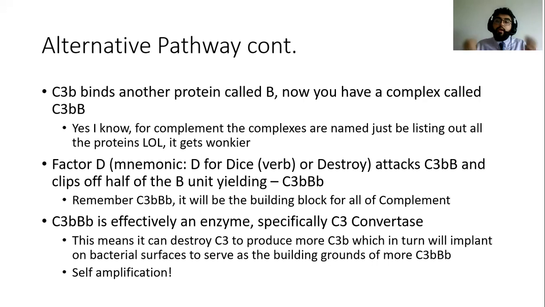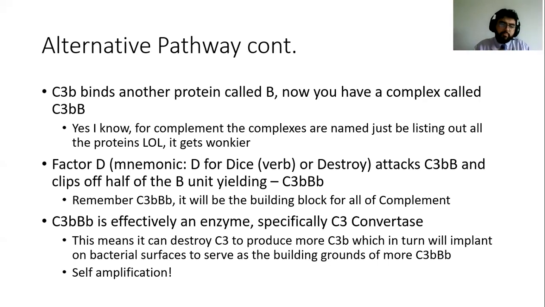So therefore, when there is confirmation that there is a bacterial cell surface because C3b did bind to something initially, and this complex forms, the presence of this complex is a testimony to the fact that there is a bacteria in the system. Therefore, the innate immune system wants to go all out, bring out all the C3s and break them down, right? That's kind of the rationale.